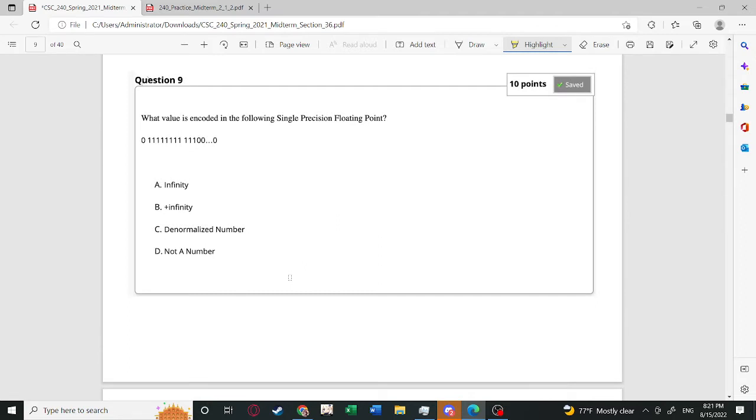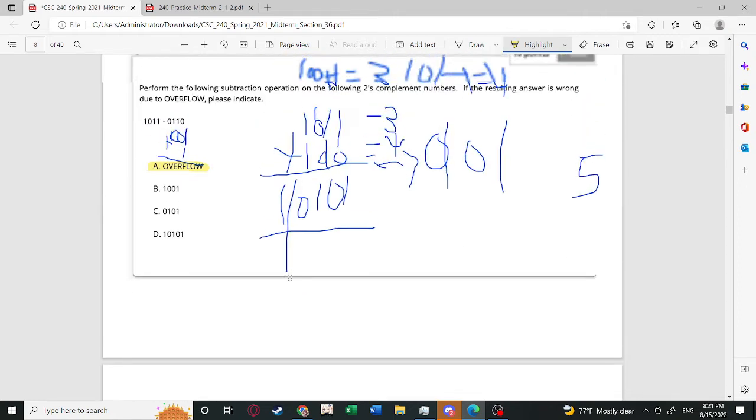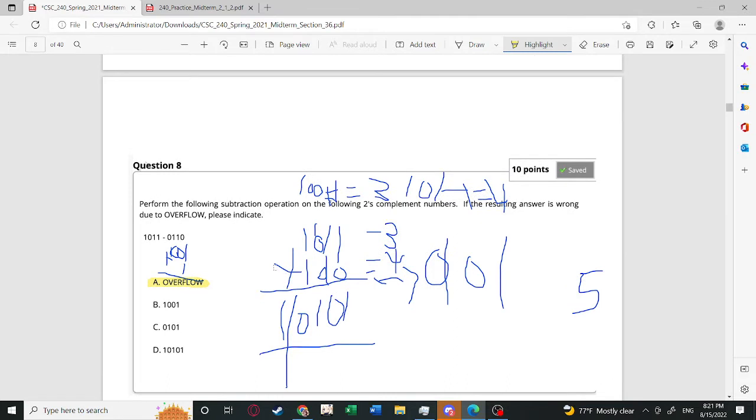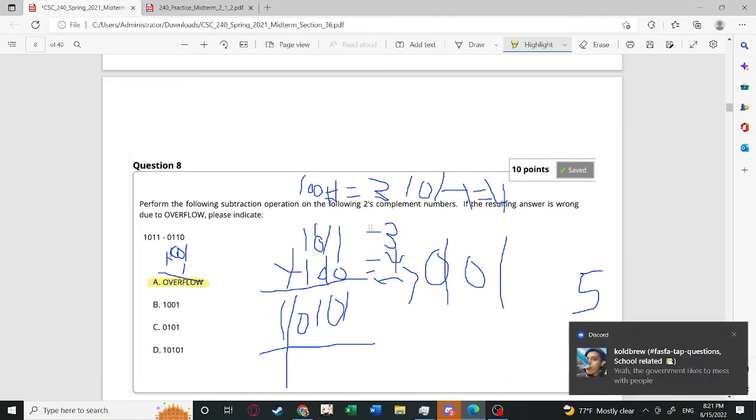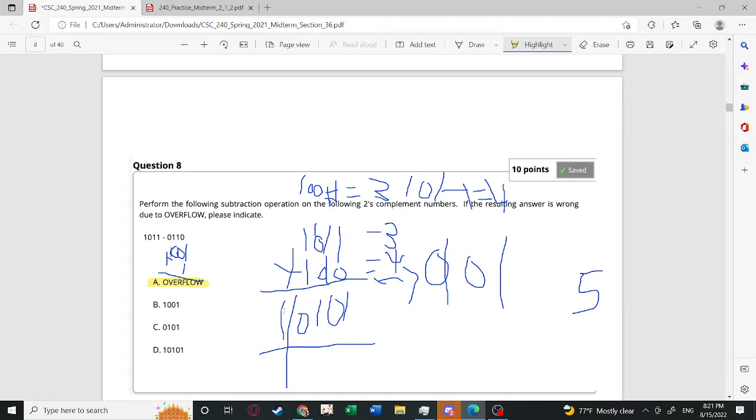Can you go over why it was overflow for the last one? Because if you check it, it's incorrect. And also there's one bit that was dropped.